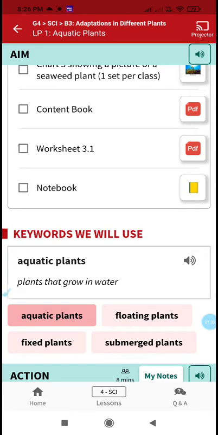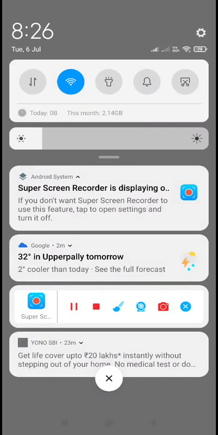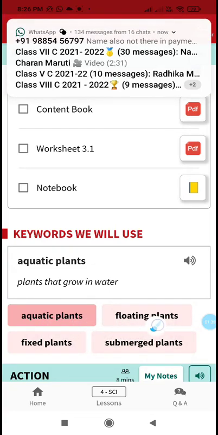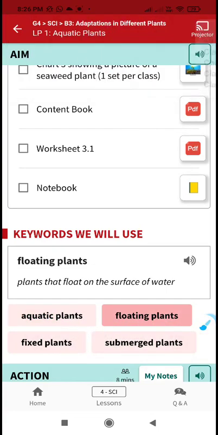And the next word, floating plants. Floating plants means plants that float on the surface of water. Their parts can be seen on the surface. So such plants are known as floating plants.